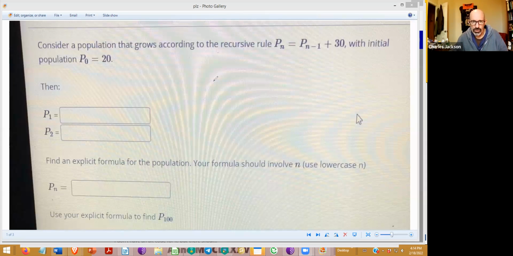Student is asking for help with this sort of problem where we take a recursive formula and derive an explicit formula.